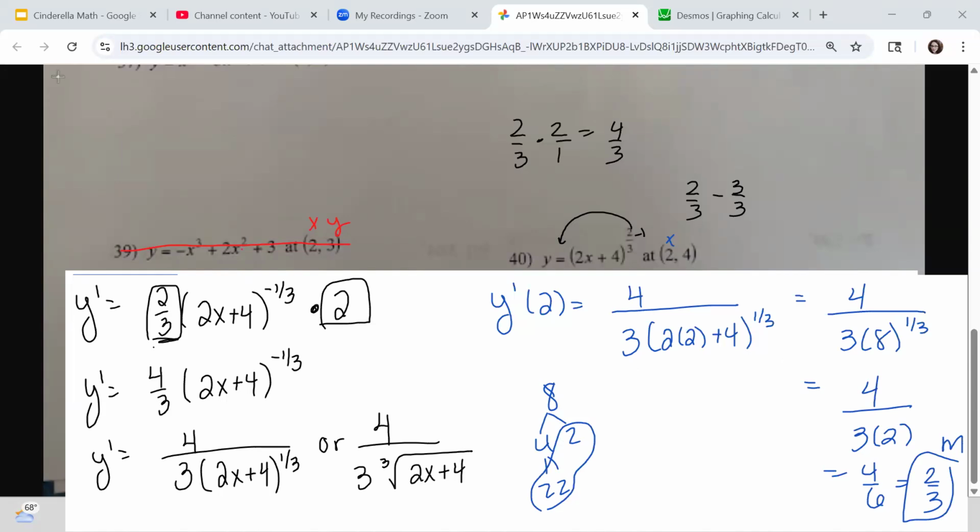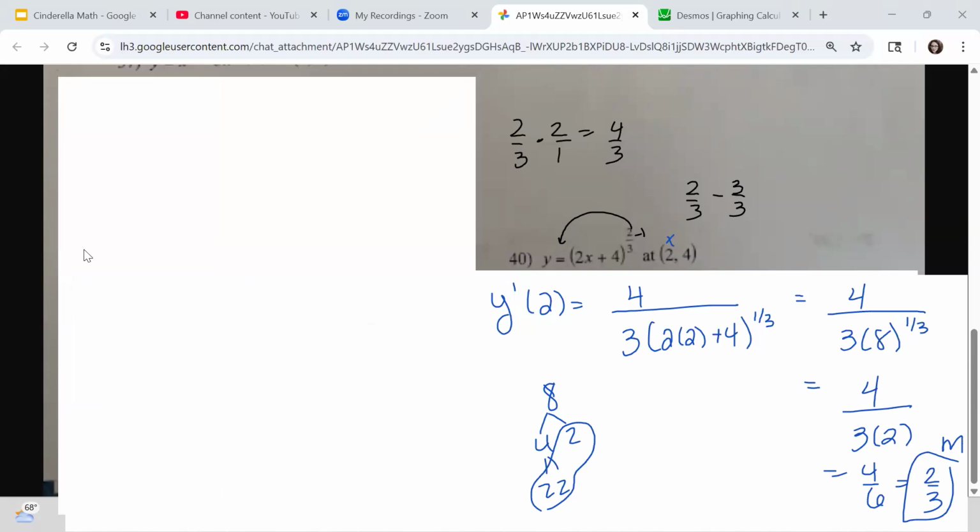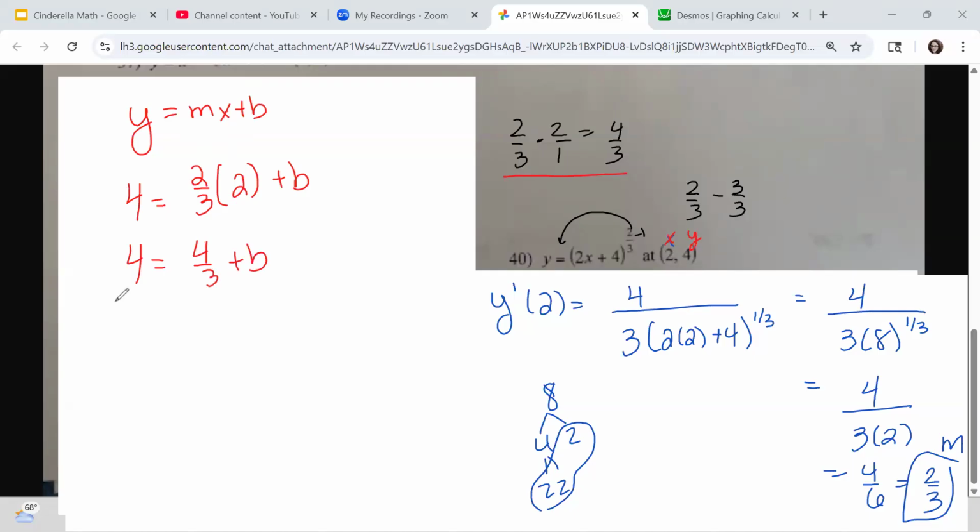I'm going to erase stuff, so pause me if you're writing. Now to get the equation of the tangent line, y equals mx plus b. This is x, this is y. So we have 4 equals the slope, which we just found to be 2/3, x is 2, plus b. So 4 equals, we already did 2/3 times 2, that was 4/3 plus b. 4 whole pizzas is 12/3, right? 12 divided by 3, that's 4.